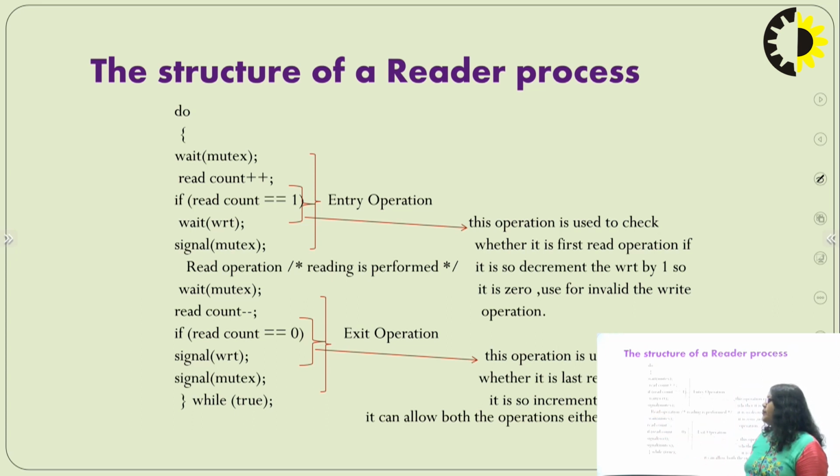When the read operation is performed, we just read that particular data. This operation is used to check whether it is the last read operation or it is incremented by 1. So this operation is used by the readers to check how many readers have come into the critical section at the same time, and how we have to synchronize those readers. So these are the processes of the reader and writer.